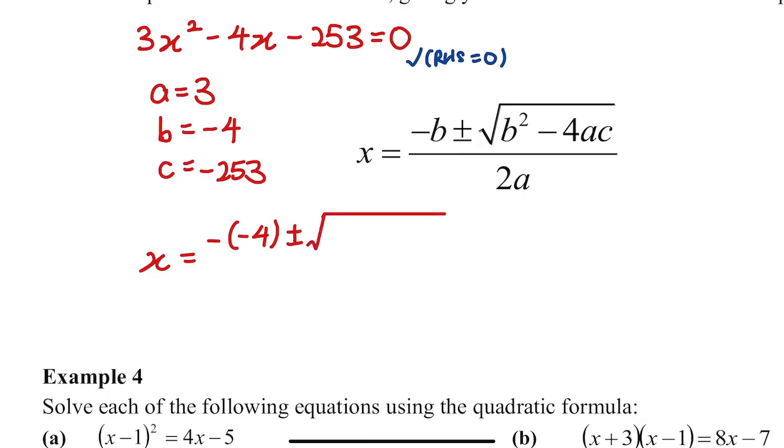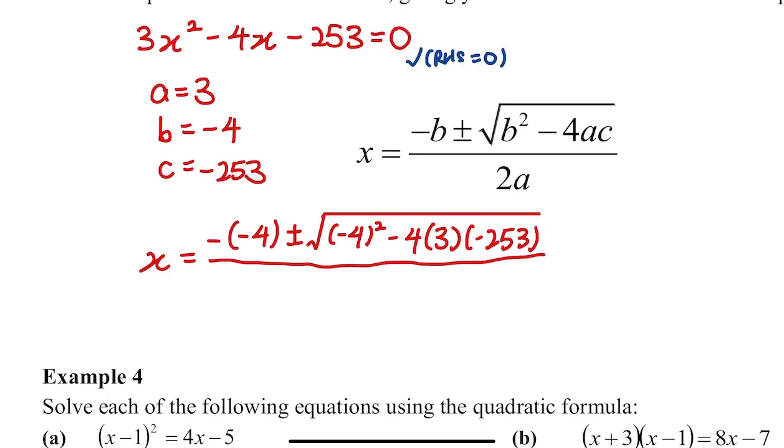Then you must write out over here, negative 4 square minus 4 AC. My A is 3, my C is negative 253. A times negative 253. Remember, your square root has to cover everything. Over 2 times 3. Therefore, you can press this into your calculator.